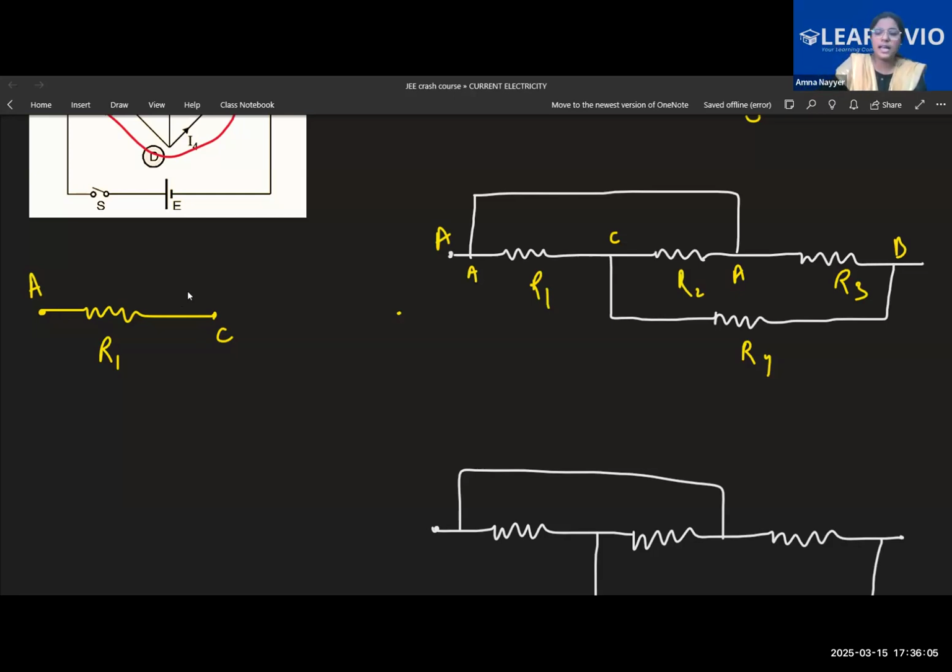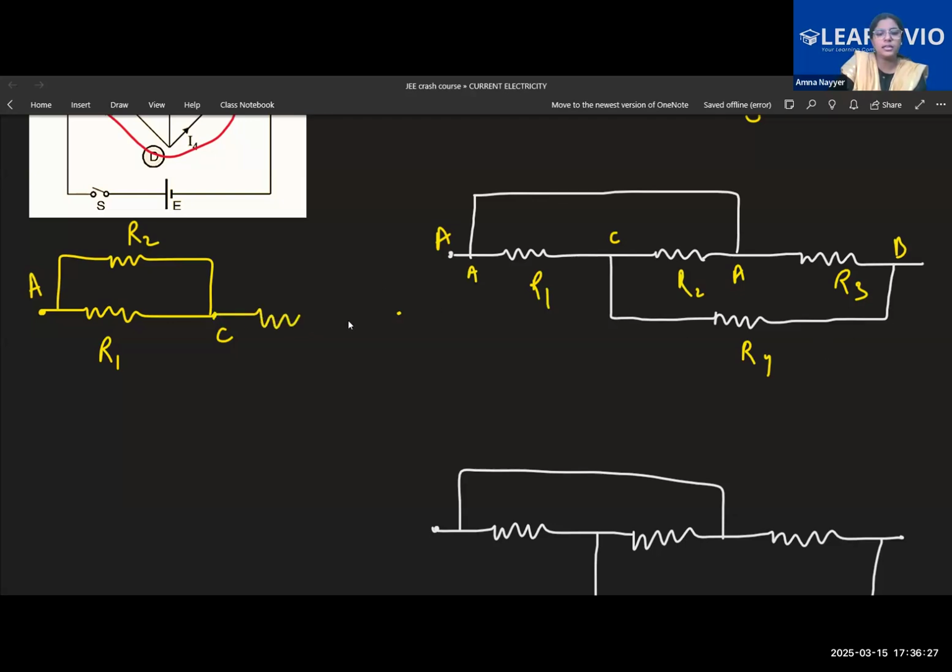So this is A and C. This is R1, which is connected. Across A and C, again R2 is connected. So it means this is connected in parallel, right? Then between A and B, R3 is there. Between C and B, R4 is there.